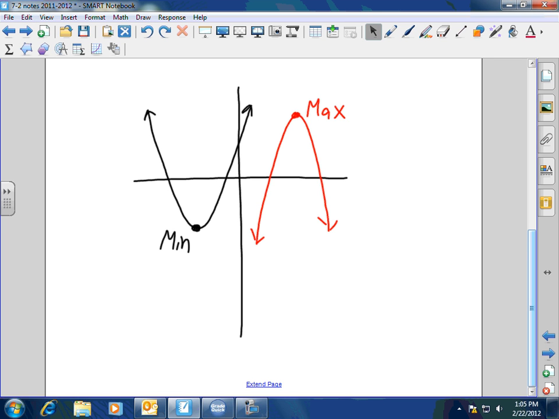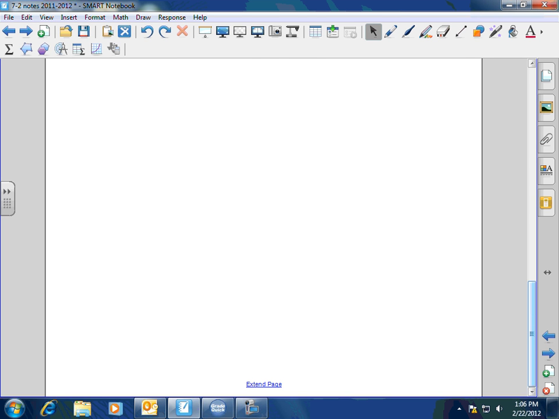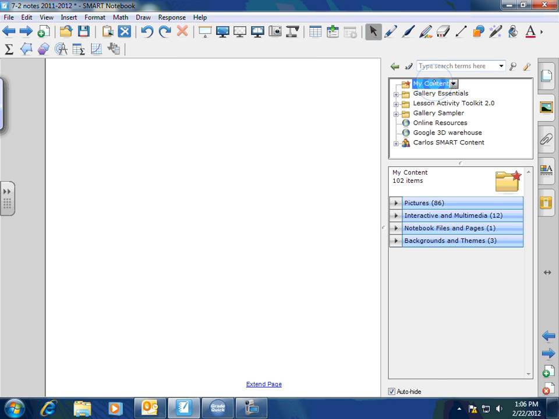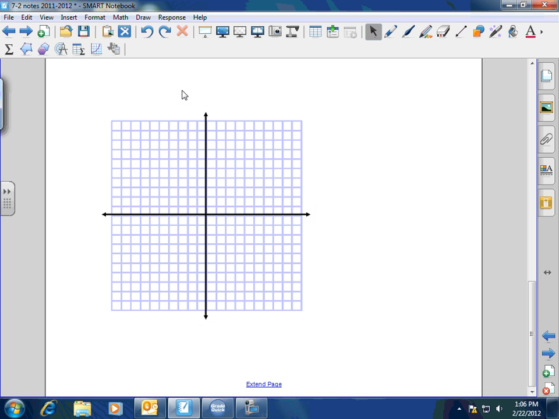However, in polynomial functions that are larger degrees than powers of 2 or 3, you're going to have a lot of turning points. So those are called local mins and local maxes. Let me explain what I mean by local. When I'm talking about local, I'm talking about their actual location.